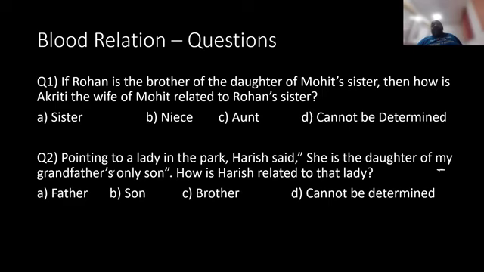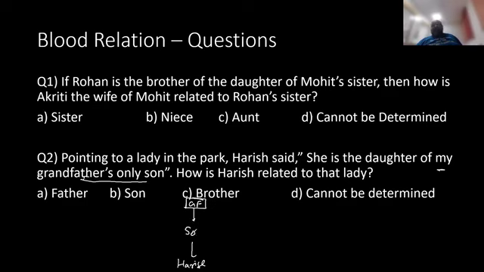My grandfather's only son. So we know Harish. I do not know Harish's gender as of now. My grandfather being a male. Now the thing is, Harish could be the son or daughter of which person? There are two possibilities.